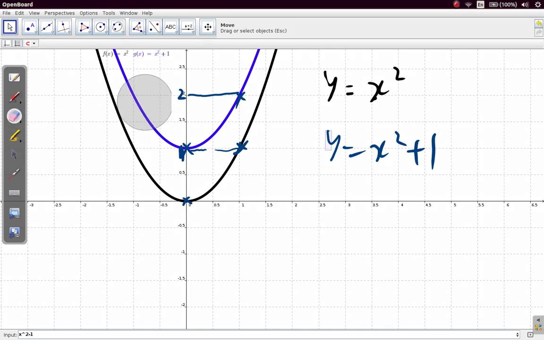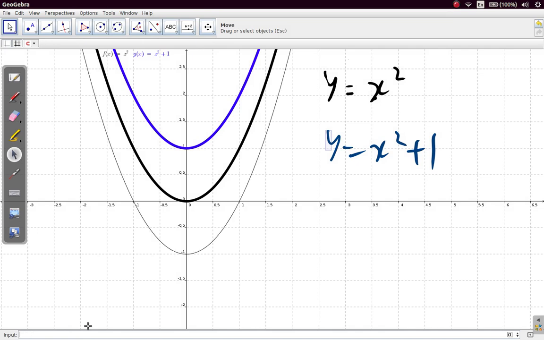You probably would expect that since x squared plus 1 takes y equal x squared and moves it up 1 place, then y equals x squared minus 1 should move x squared down 1 place. Let's see if that argument really holds. Good, it does.